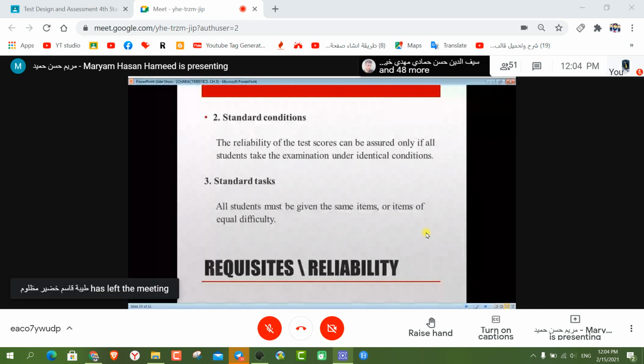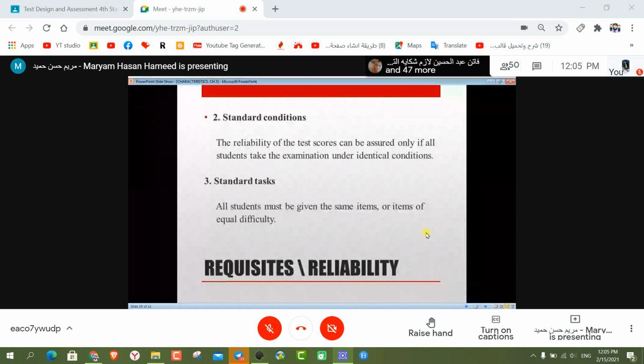Yes, standard conditions means, for example, the conditions or the circumstances for the morning study are better than the circumstances for the evening group. Why? Because the internet, for example, in the morning is better than in the evening or afternoon.